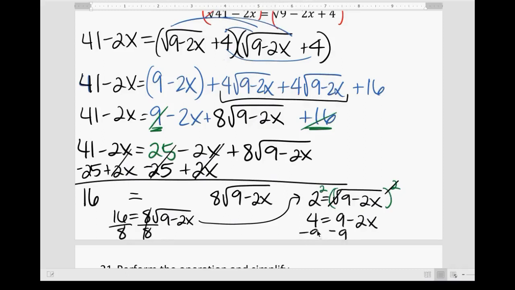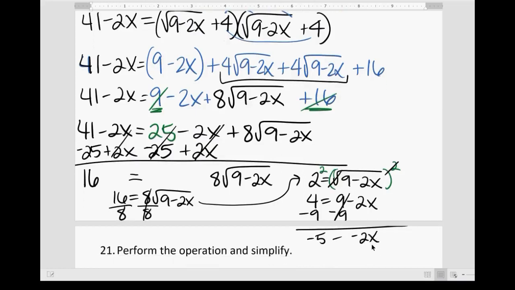Then I subtract 9 because I'm trying to solve for x, so negative 5 equals negative 2x. Finally, divide by negative 2 to end up with 5 over 2 equals x. And that's going to be my final answer there.